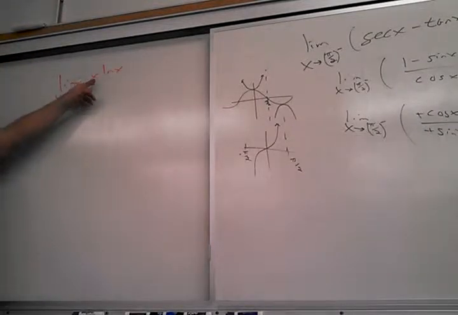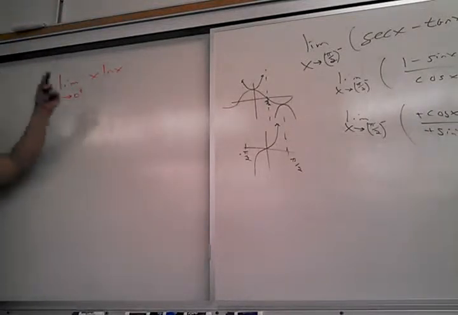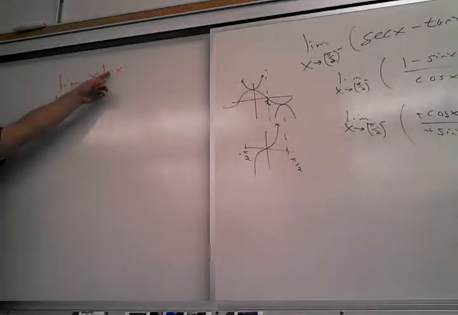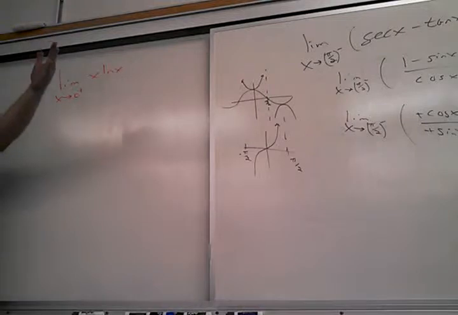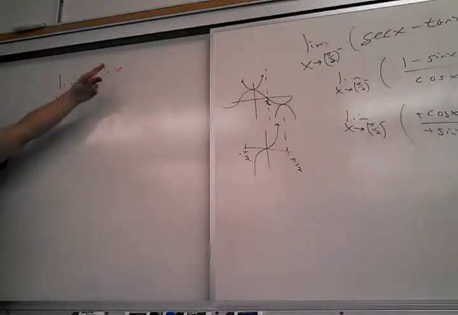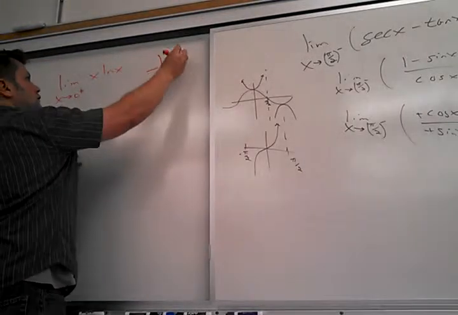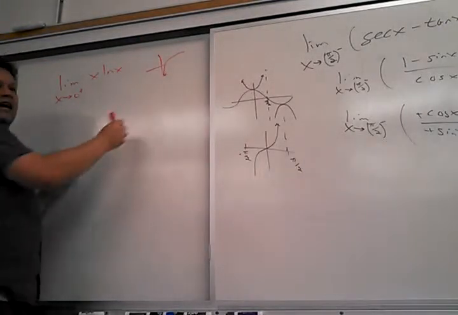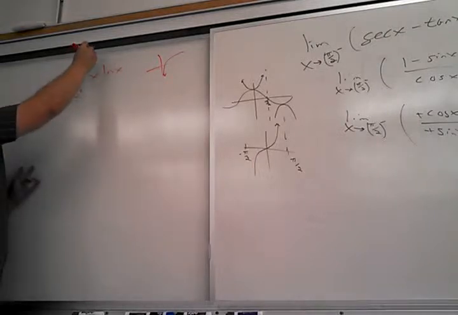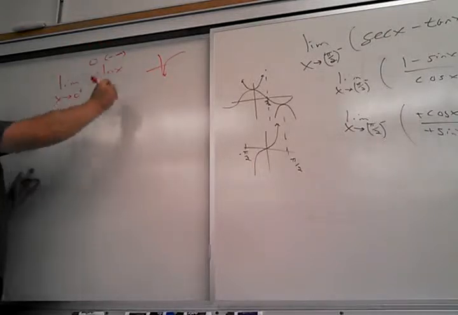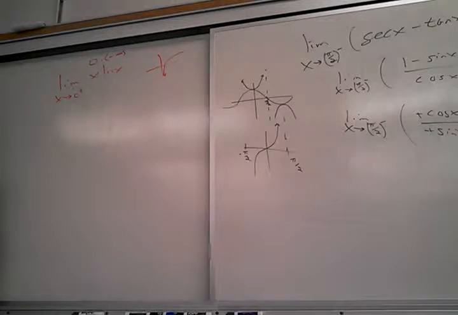When x goes to 0, x, incredibly enough, goes to 0. Why do I have to say from above? Because natural log only exists above, but as it goes to 0, what does the natural log do? Going down. Come on now, we have to know the basic shape of these functions, and it's going to go to negative infinity. So I have basically 0 times an infinity, which is another example of an indeterminate form.